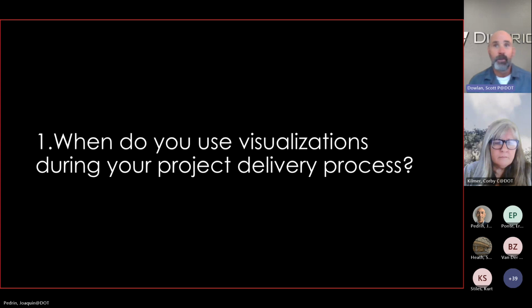Then we do alternative comparisons, both for internal design and external communication: developing internally what alternatives we have, presenting those to the public, getting feedback and initiating that dialogue. And when we get into the plans, specs and estimate, the PS&E phase, we're continuing that in the community engagement process.